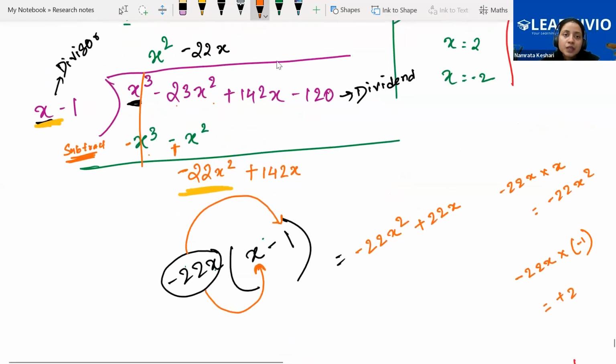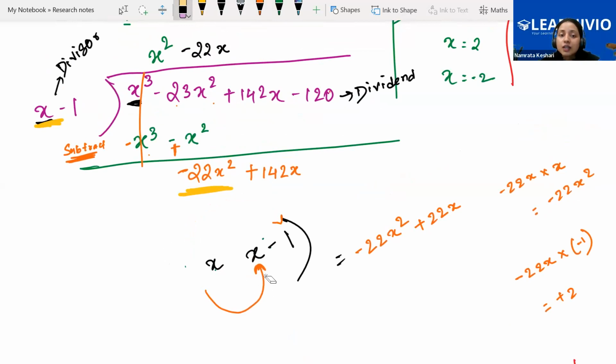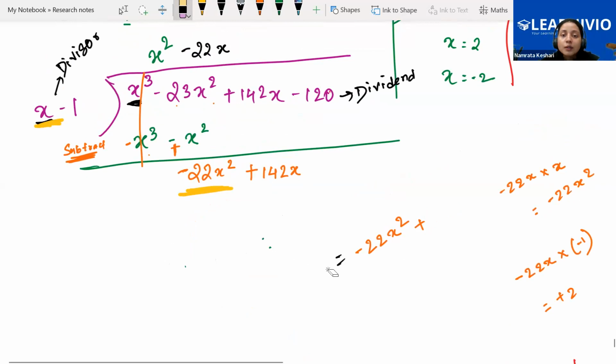How exactly we are using the distributive property? The quotient which we have written, minus 22x, we need to multiply with everything there in the divisor, and we did it in rough space and got minus 22x square plus 22x.